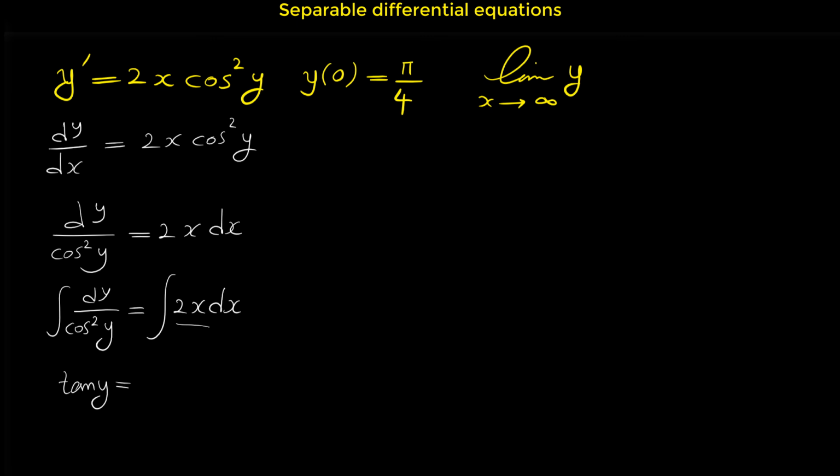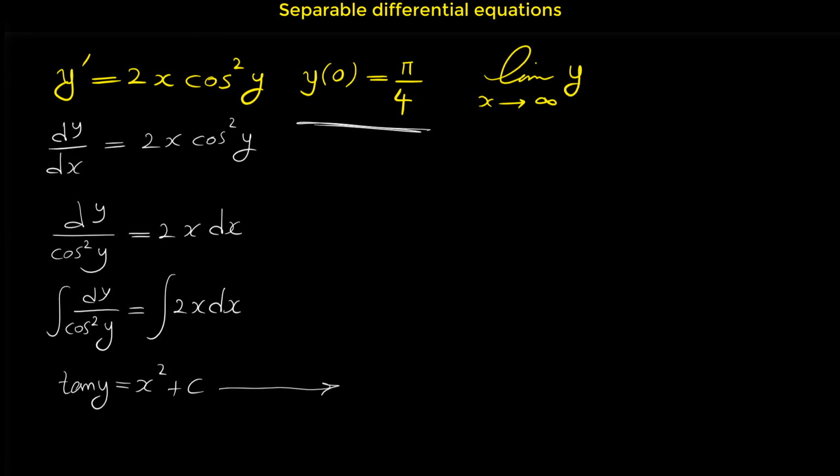And the integral of 2x is 2 times x squared over 2, which is x squared. And don't forget to add c to your answer. Now we can use our initial condition for finding c. When x is 0, the y value is pi over 4.